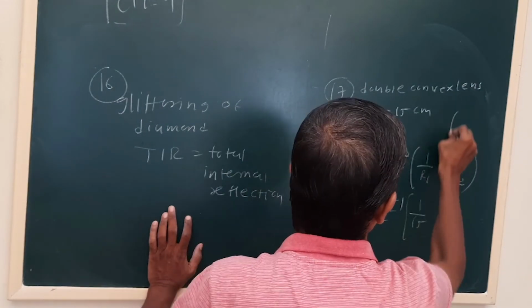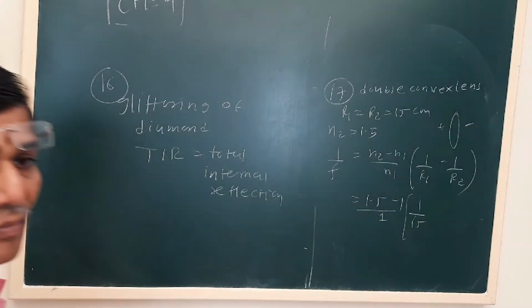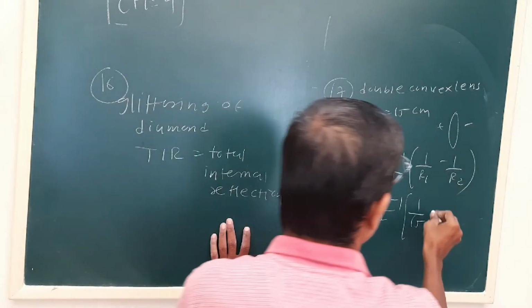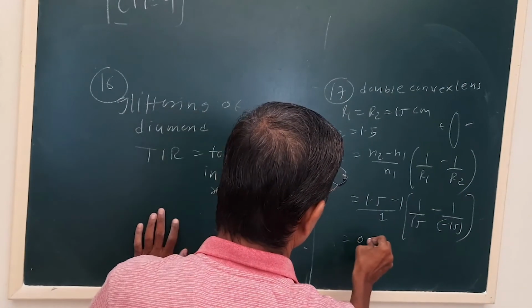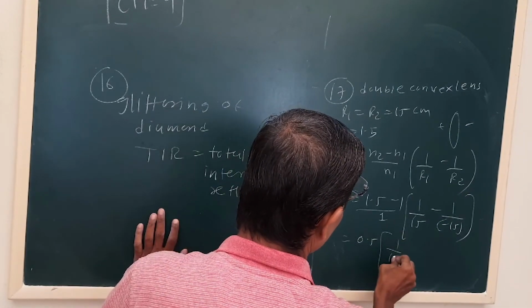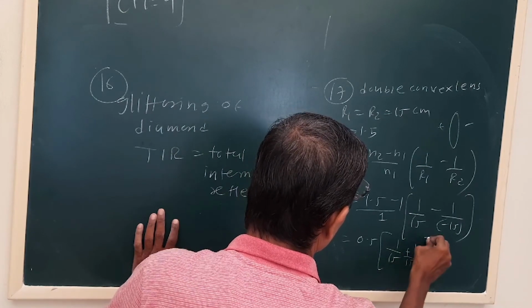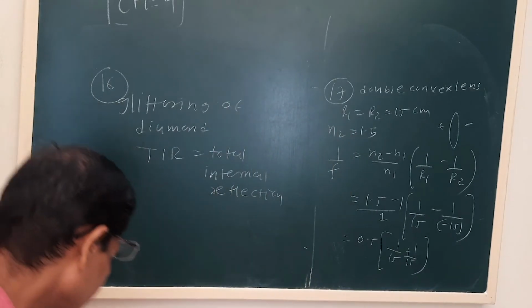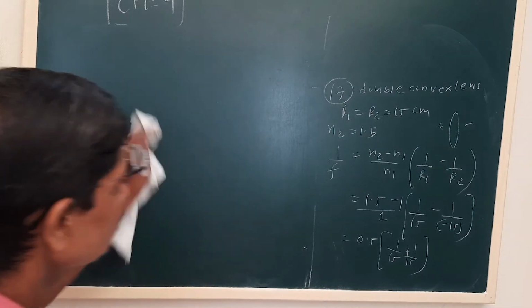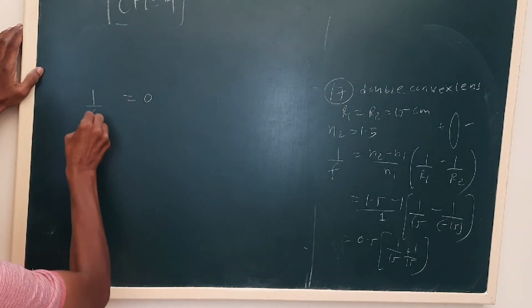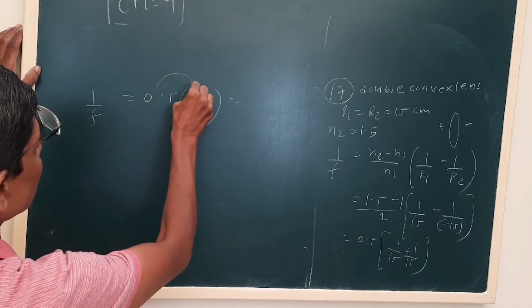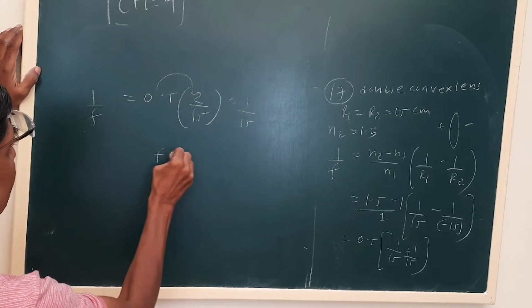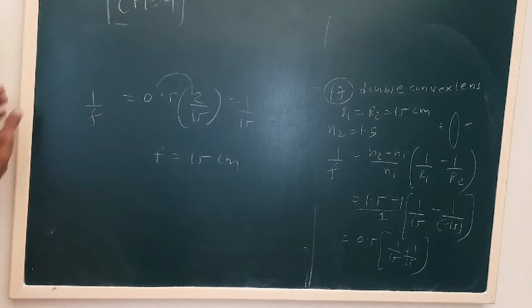See, for a double convex lens, one radius will be positive and the other will be negative. So it will be 0.5 into (1 by 15 plus 1 by 15). Now if we solve, 0.5 into 2 will be 1. So the focal length turns out to be 15 centimeter.